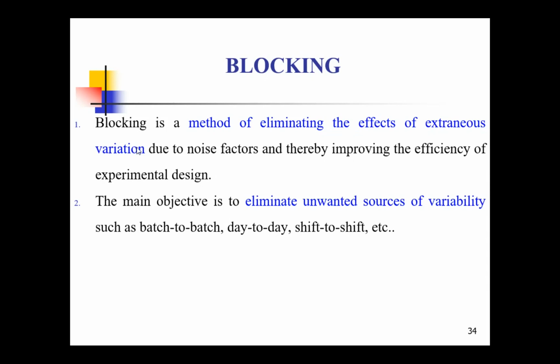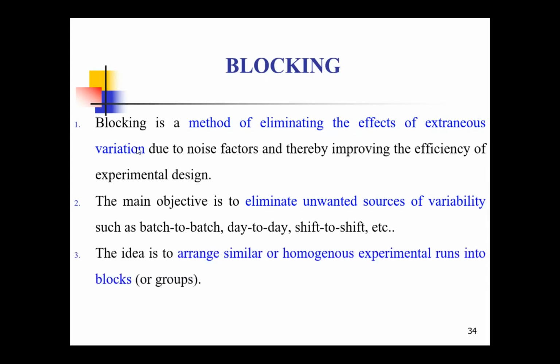So that is shift to shift. Today, tomorrow, and the day after tomorrow: so 3 days I am going to perform the process, and certainly there will be some variation. So in order to eliminate these variations, I am going to block the experiments.